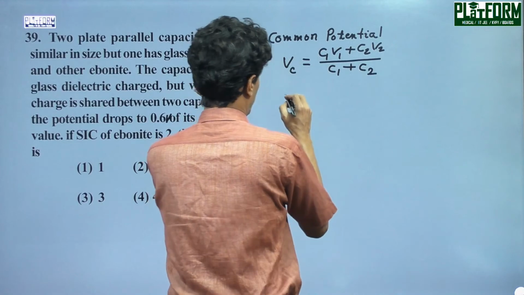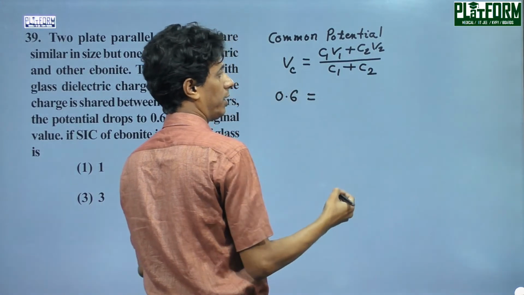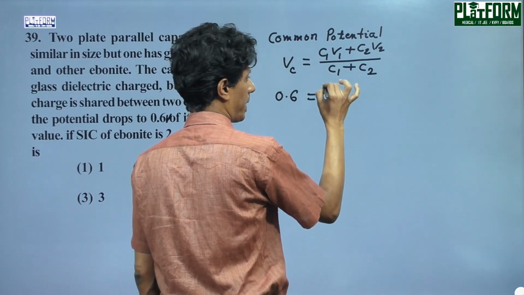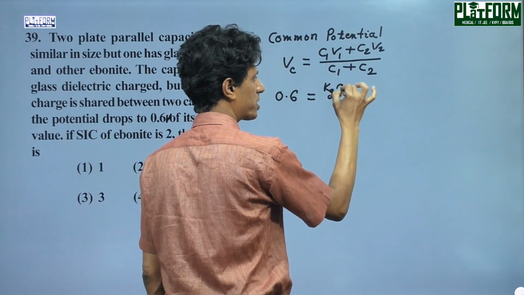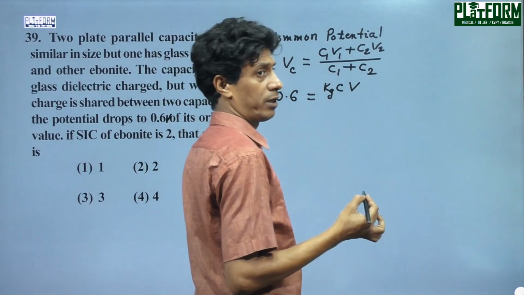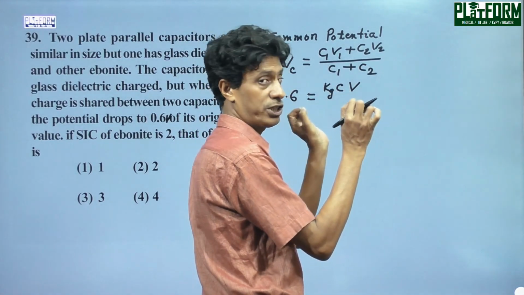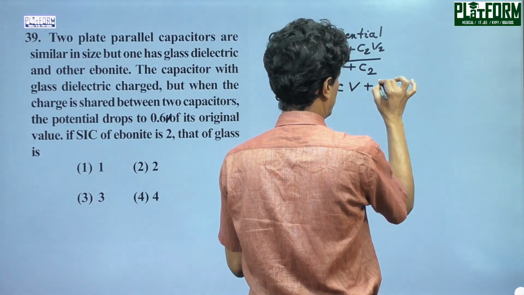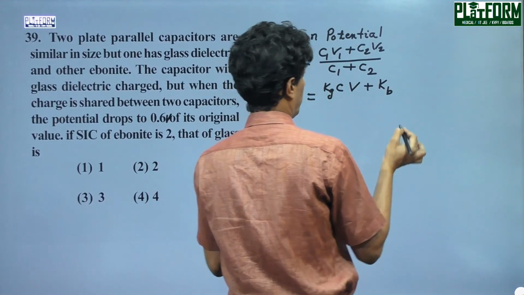So potential becomes 0.6 V. Let us say the potential across the condenser of the glass, when it is charged, is V, with dielectric constant Kg, and Kb for ebonite.